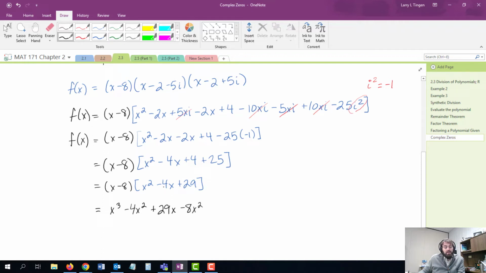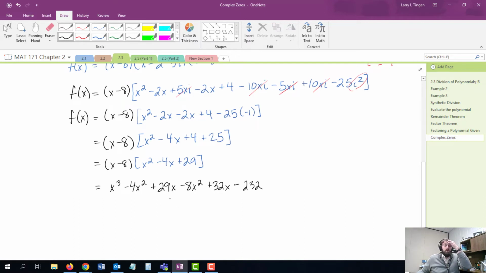Negative 8 times negative 4x is 32x. Negative 8 times 29 is, oh, not plus, minus 232.